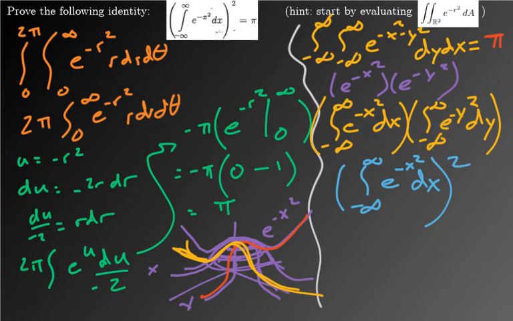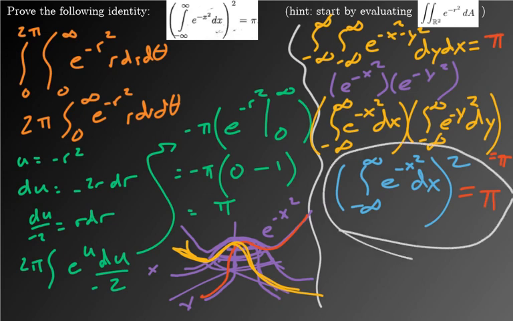And we knew that this thing equaled pi, and then this thing equals pi. And that is what I wanted to show. I wanted to show that if you squared this thing, you would get pi. And it's really just because of the symmetry in those Gaussian curves. It doesn't matter which way you think of it, which is kind of a cool problem.